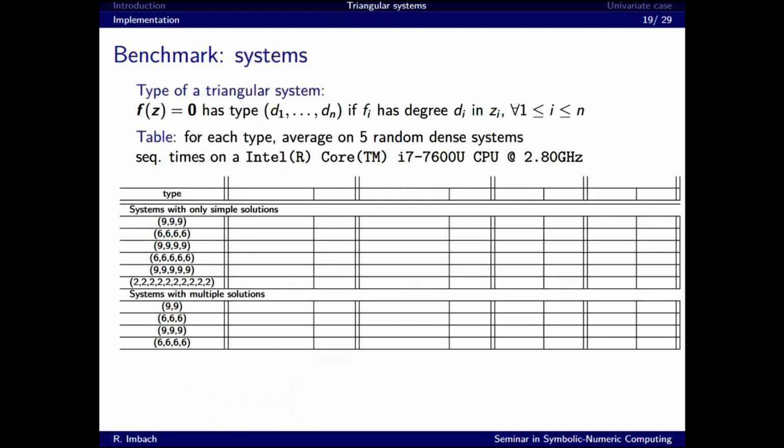And I will just give some results. Here I considered randomly generated triangular systems with a number of equations growing and increasing degree, some systems with only simple solutions and some systems with multiple solutions.